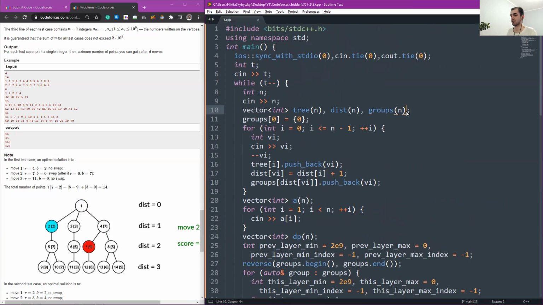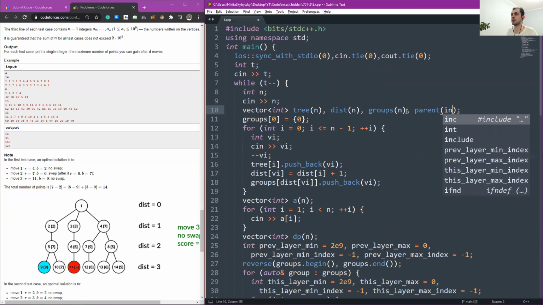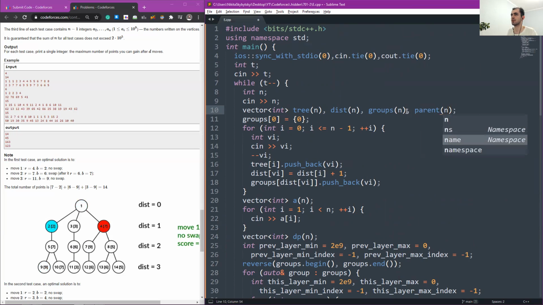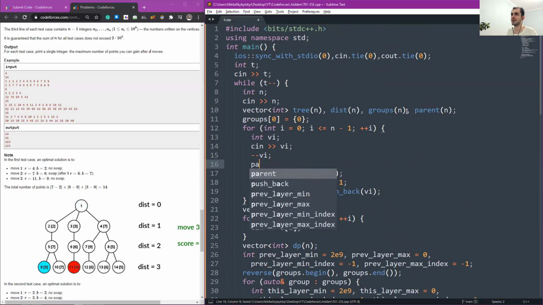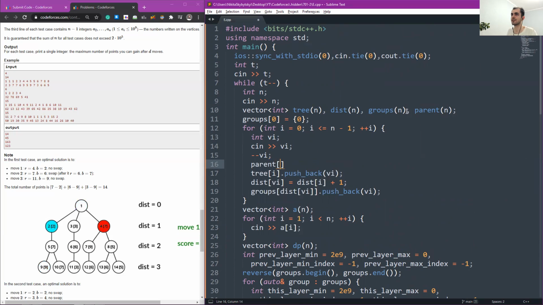I need a parent array or something. My brain is melting at the moment, so forgive me if I do anything stupid. I most definitely do.